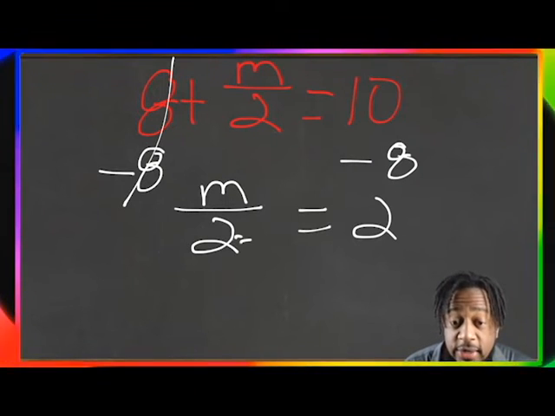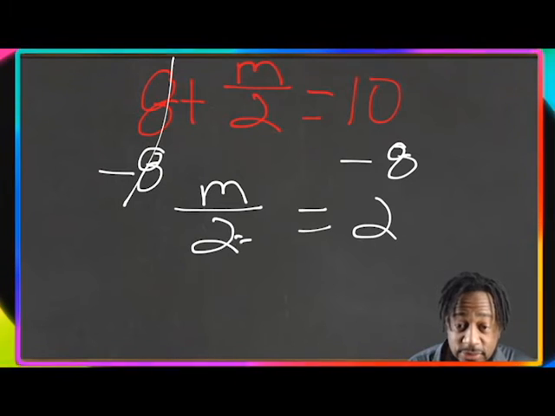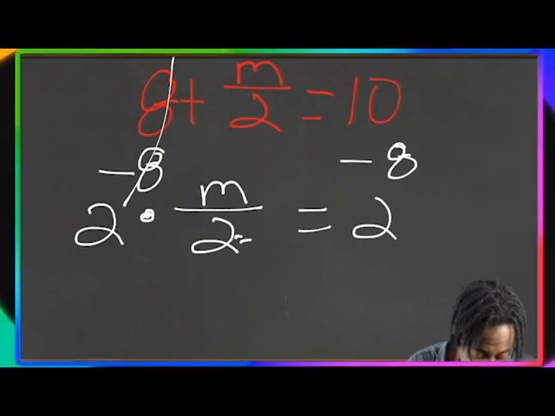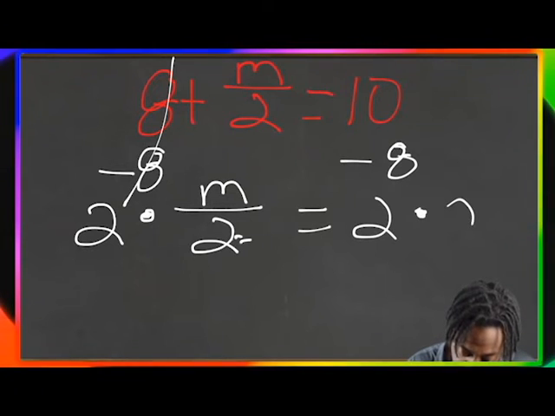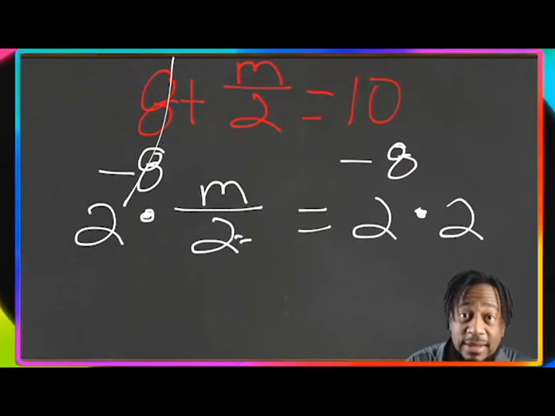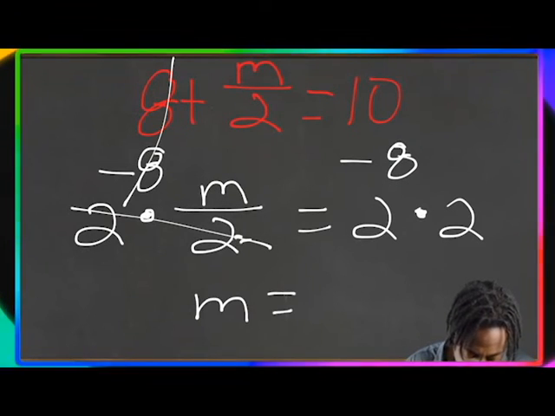What are we doing here? We are dividing by 2, right? So we need to what? Multiply by 2. Remember, divide, multiply to get rid of it. Boom. Don't get scared because it's a fraction.